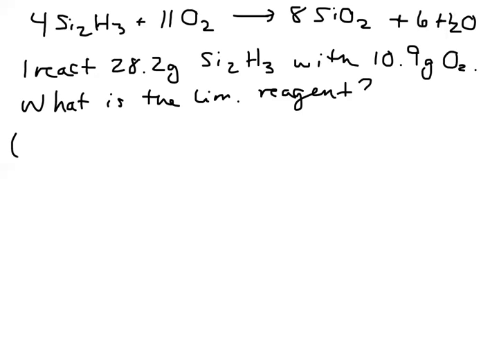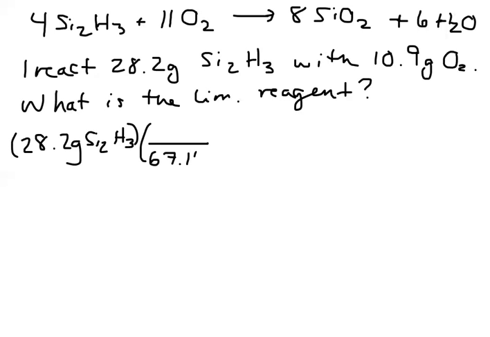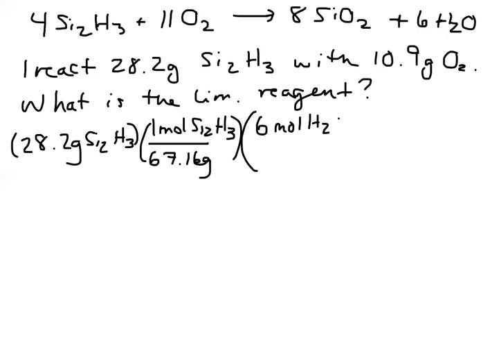So I'm going to go to H2O. So I go 28.2 grams of Si2H3, and that's 67.16 grams per 1 mole of Si2H3. And if I'm going to H2O, what's my molar ratio here? 6 to 4, 6 moles of H2O to 4 moles of Si2H3.